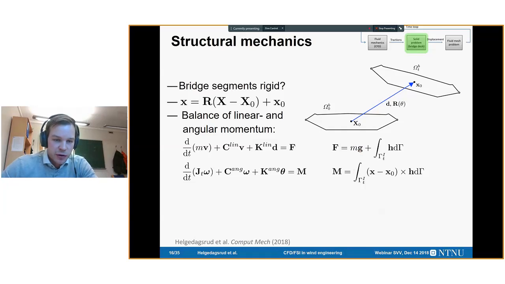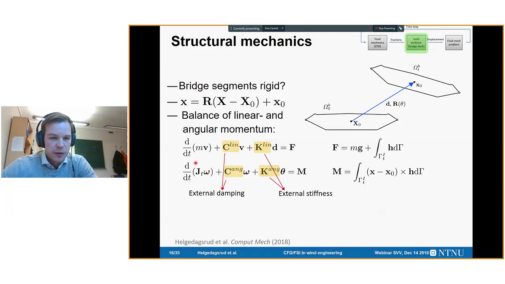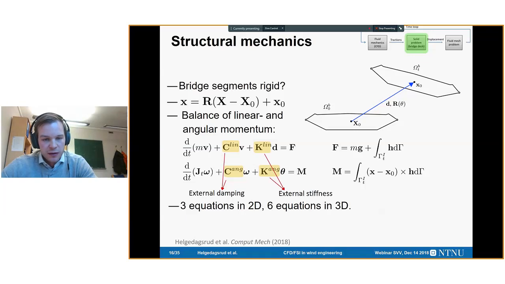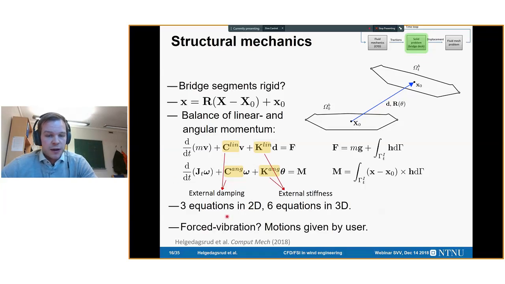We have also augmented the formulation with external damping and stiffness, with free vibration in mind. This is given in detail in our third paper. So this is now reduced to 6 equations in 3D. It's even easier if you have forced vibrations. You have just a closed-form expression for the displacement and rotations, and you don't need to solve the equations at all.